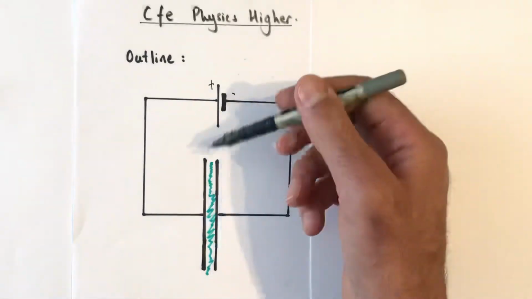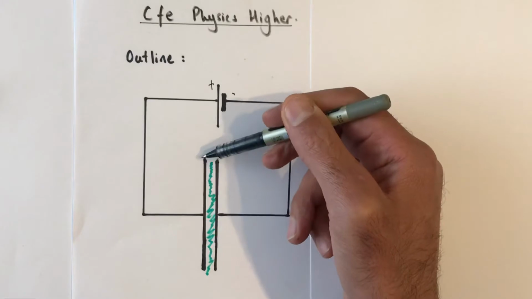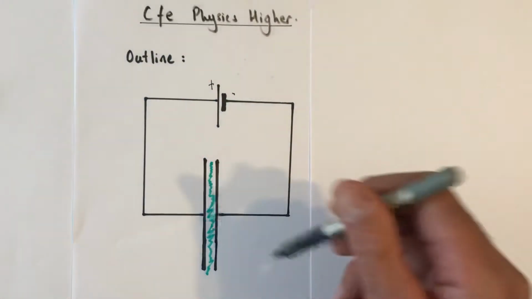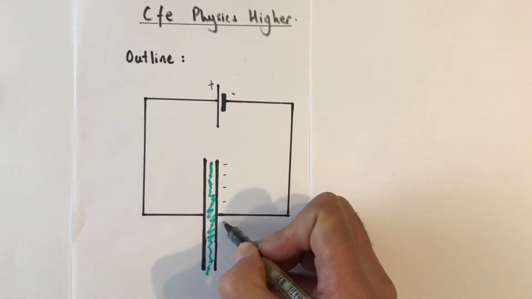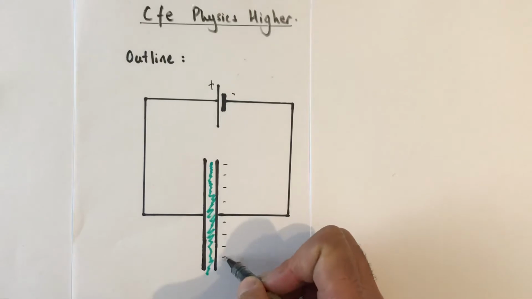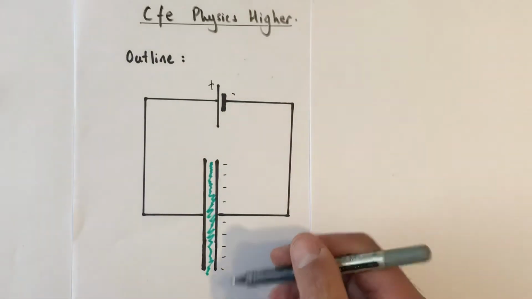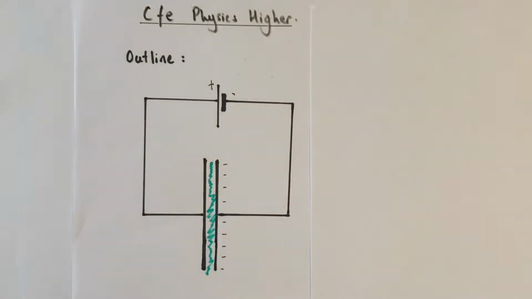Ultimately, electrons are drawn off this side of this plate and pushed through the cell and moved onto this side. So electrons are pushed by the cell round the circuit, which builds up extra electrons on this plate over time. And if there's no resistance in the circuit, this is going to be very rapid.